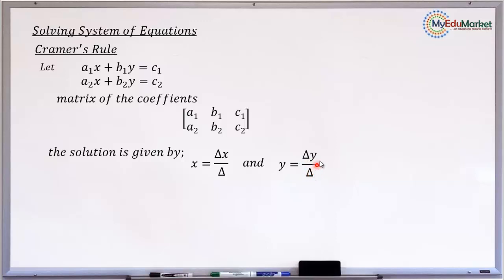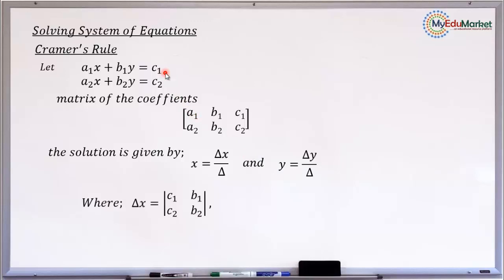Del y is also the determinant of a particular matrix, and this delta is the same as here. This is what will give you the values of x and y that fit both equations. So let us see what del x, del y, and delta are.